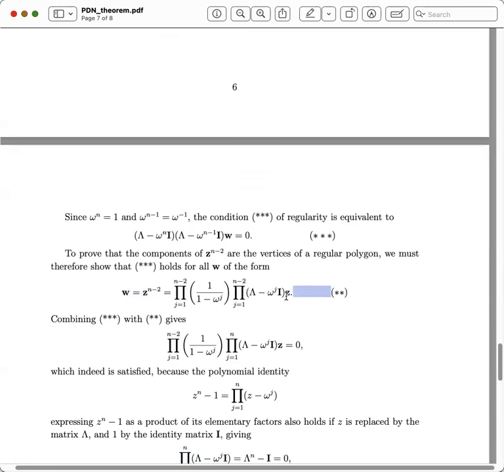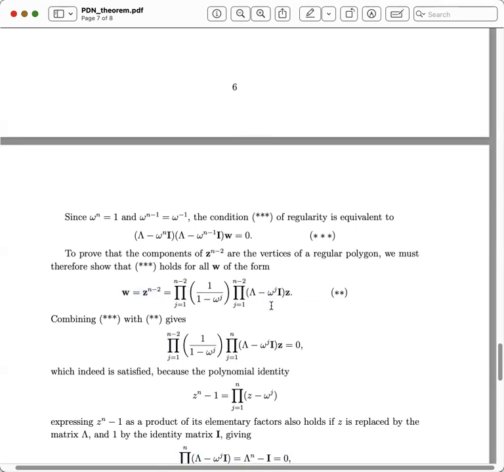So we had the product of z times lambda minus omega to the j times the identity, where j went from 1 up to n minus 2, times this scalar factor. Now these two terms are of the exact same form as this, and what we have to do is to show that when they act upon this vector w, they give 0.